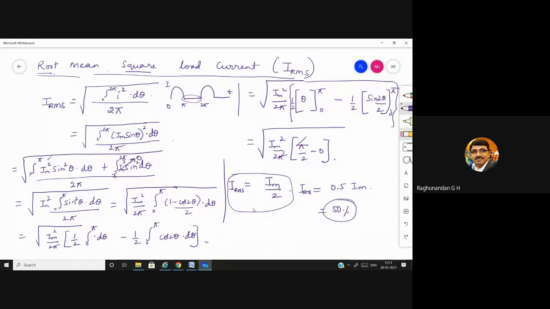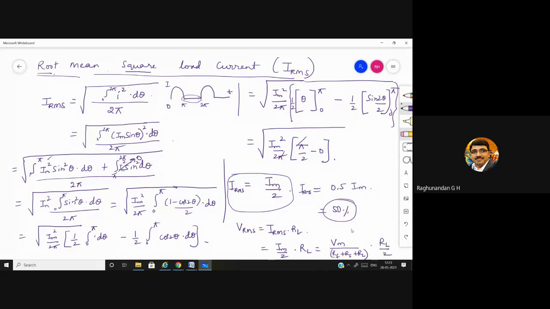Now I want to write an equation for VRMS, similar to IRMS. To write the equation for VRMS, we have VRMS is equal to IRMS into RL. So IRMS is equal to Im by 2 into RL. And for Im, in terms of Vm, we will write it as Vm by Rf plus Rs plus RL into RL by 2.